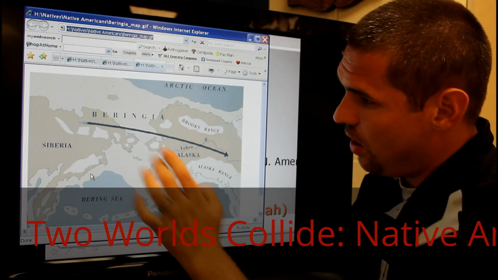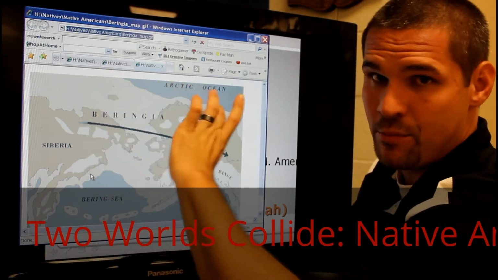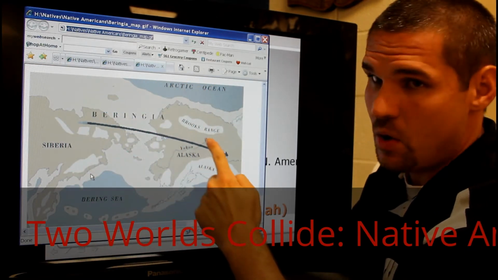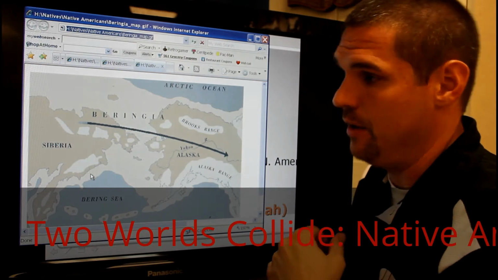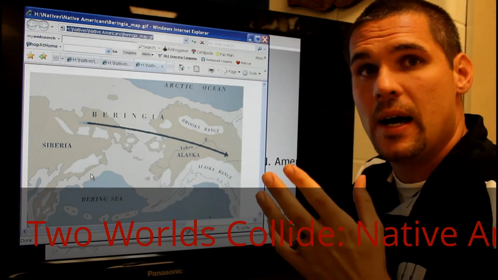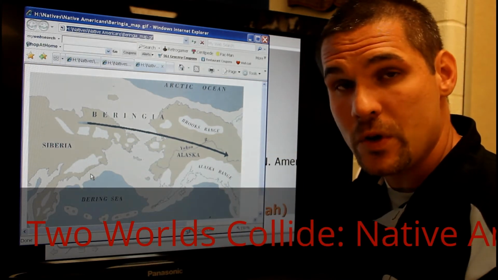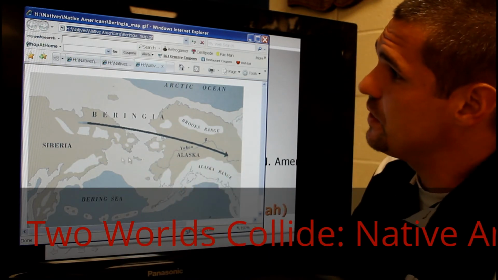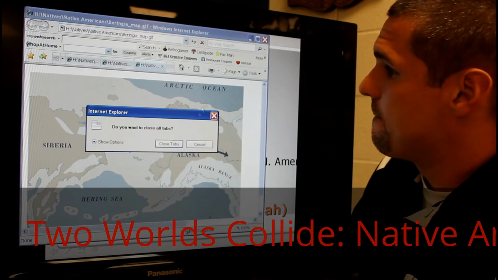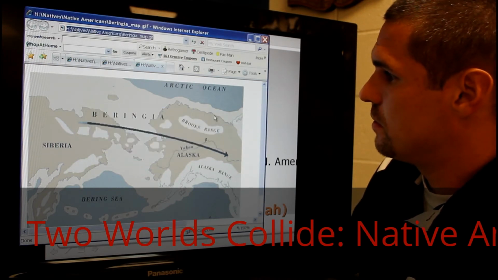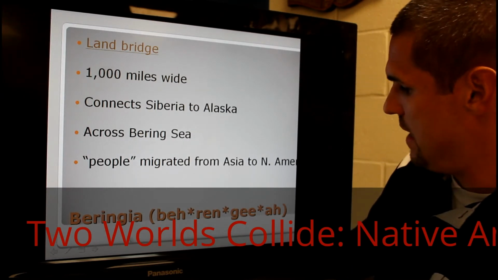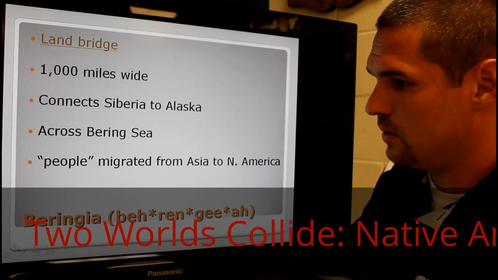So you can see that all this land here, this land bridge, allowed animals to cross over and actually go to another continent. And of course, that would be a food source for people, and so people would follow the animals. So, push that back over there, and we'll head on to the rest of our lecture.